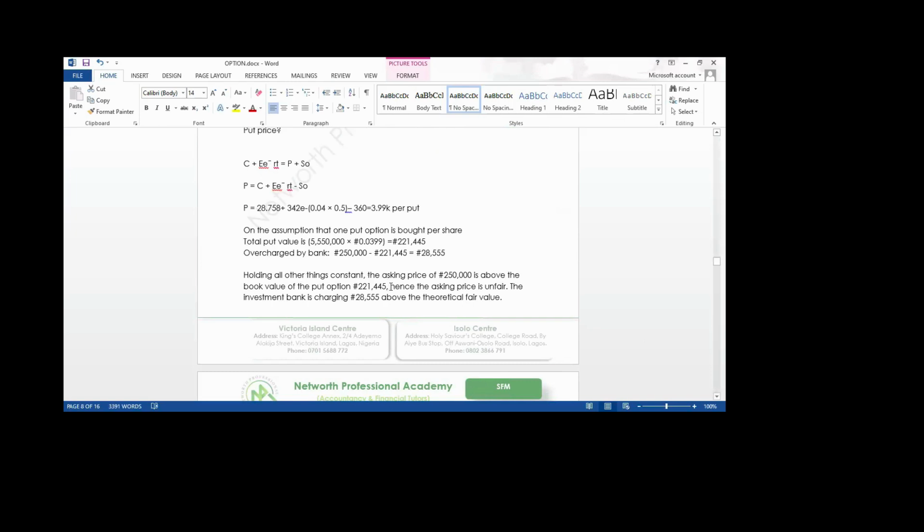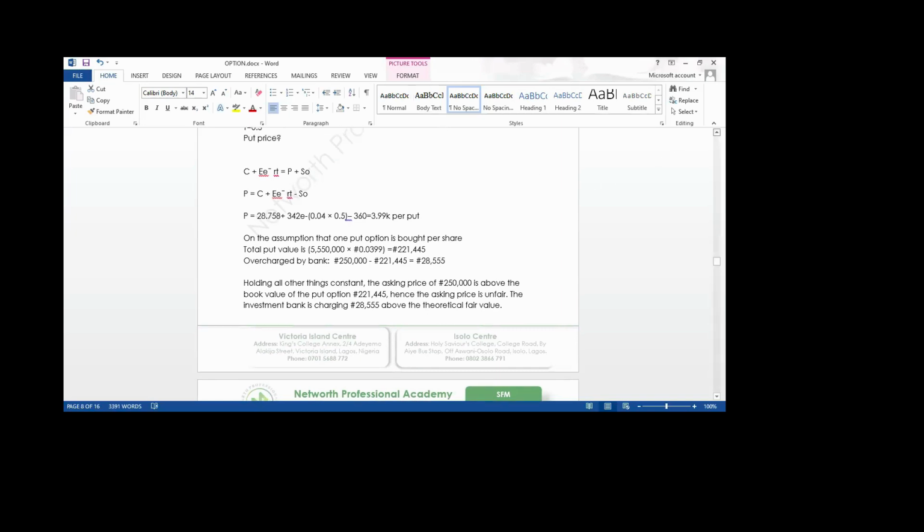Holding other things constant, the asking price of 250 is above the book value of the put option. Hence, the asking price is unfair. The investment bank is charging 28,555 above the theoretical fair value. The price the merchant bank is charging us is not a fair price. And that is the end of that question.